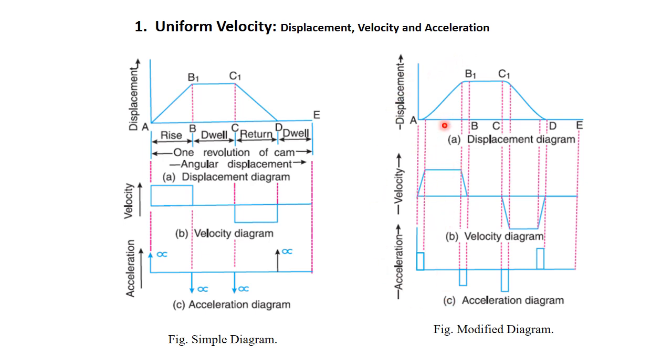So we have modified the diagram, and any time we design a cam profile for this particular type of follower motion, we need to keep in mind that this modified diagram has to be used in order to draw the cam profile.